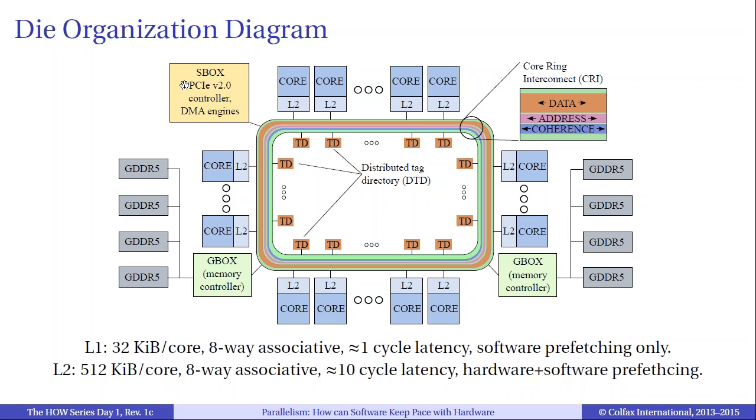The reason I'm showing this is to illustrate that cores have different distance to different parts of the cache. So when this core is talking to data in its local cache, this is fast. But when it's talking to data in a remote cache, it first has to go ask the tag directory, do you have this? Who has this memory address? This tag directory replies, well, core number 30 has this address.